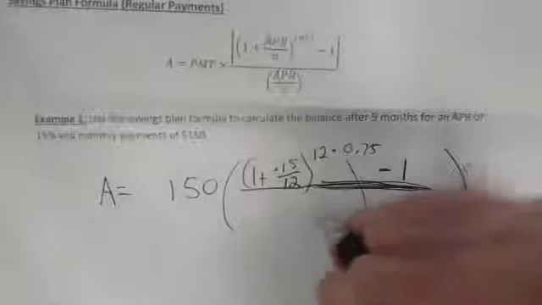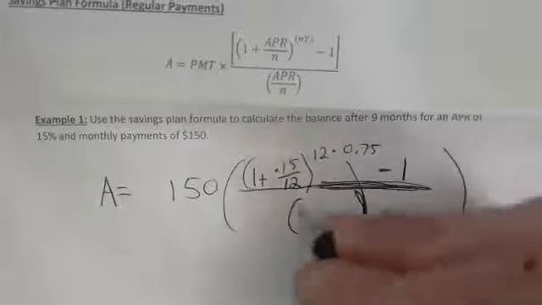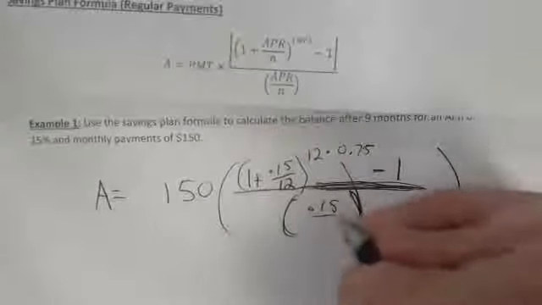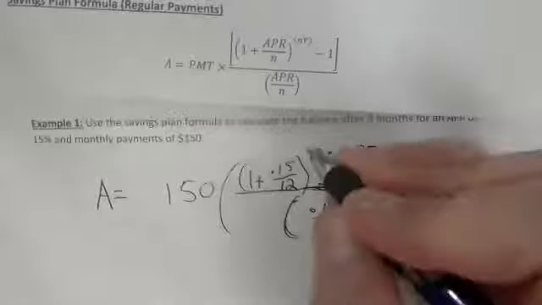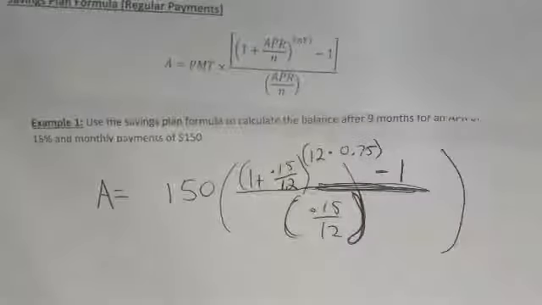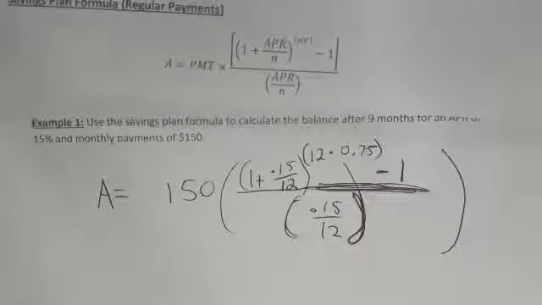And all this is over the APR over N, 5 over 12. And just to recap, I'm doing 9/12, which is 0.75 of a year.